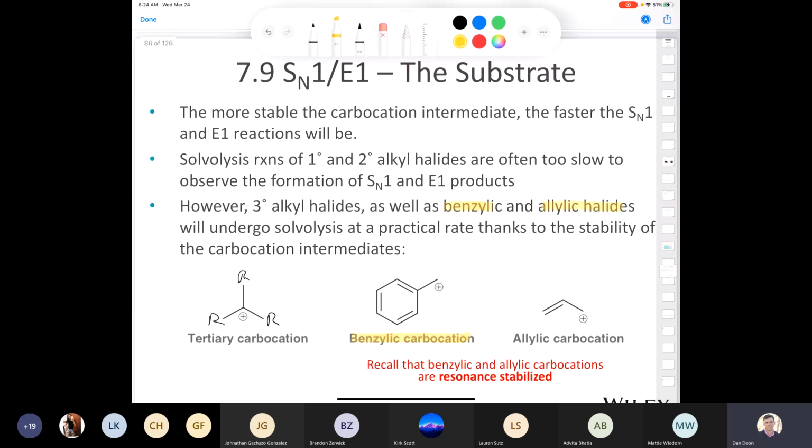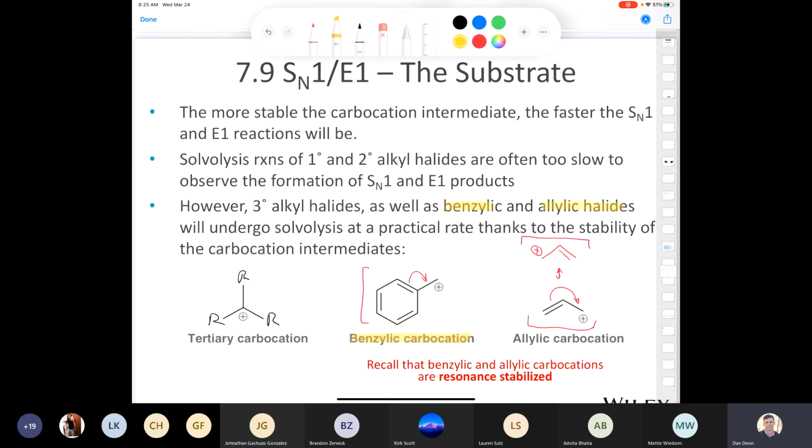And we know that we could draw 3 more resonance structures for this carbocation. This goes all the way back to chapter 2. You could start by drawing a curved arrow like this and practice drawing all of the different resonance contributors. The same thing with the allylic carbocation. You should be able to draw the resonance arrow like that. There's not a lot of space here, but you see that that positive charge is delocalized over those 2 carbons.